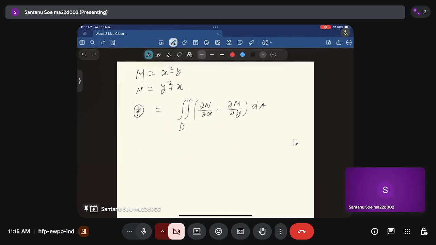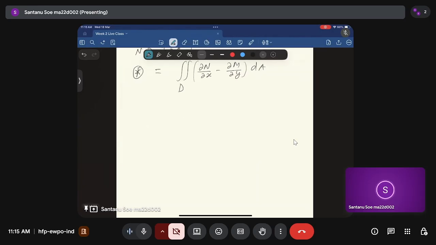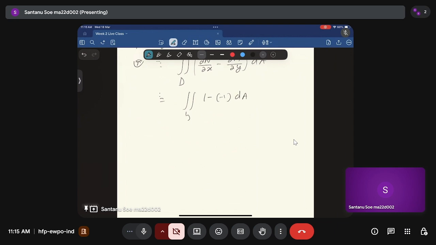Now del N del x is just 1, and del M del y is minus 1. So this is the integral over D of 1 minus minus 1 dA, which is 2 dA.